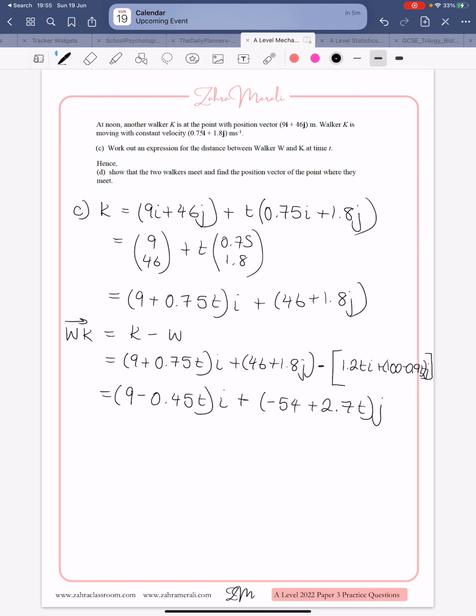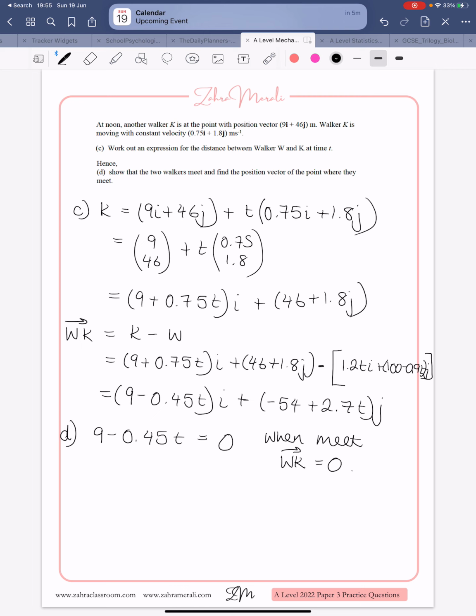Now, show that they meet. Well, when they meet, that distance between them is going to be 0. And the way to show that is we work out what happens when the i equals 0 and check it agrees with the j equaling 0. So when they meet, WK equals 0.